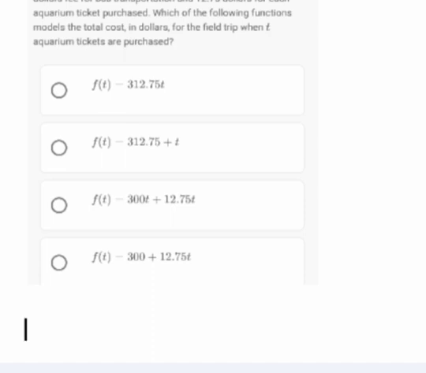Okay, question 2. The cost of a field trip to a certain aquarium includes a $300 fee for bus transportation and $12.75 for each aquarium ticket purchased. Which of the following functions models the total cost in dollars for the field trip when T aquarium tickets are purchased?